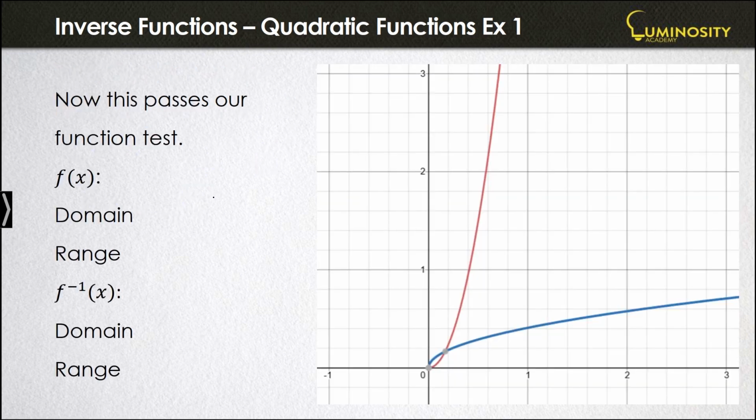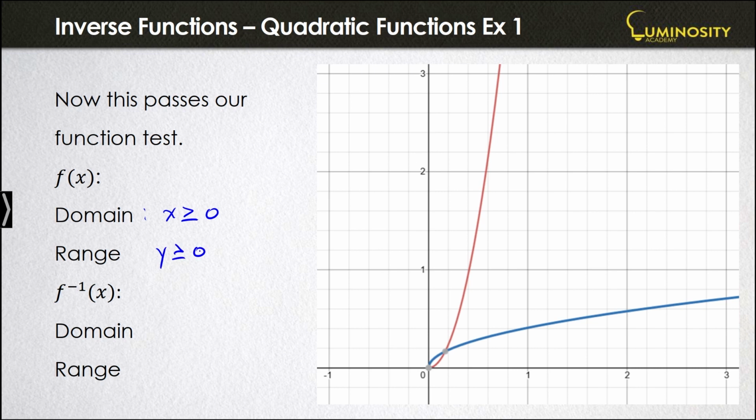So let's take a look. This now passes our function test. So now we want to take a look at what our domain and range is. So remember, for our f of x, we restricted our domain so that it was x greater than or equal to 0. And if we take a look at our range, it is also y greater than or equal to 0. So when we look at our inverse function, we swap them.